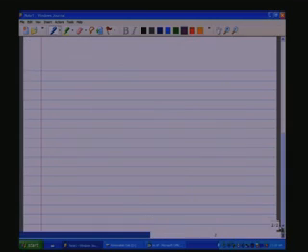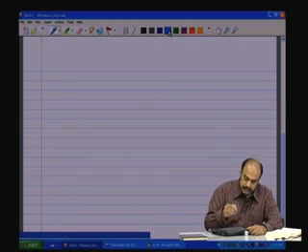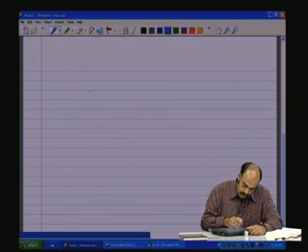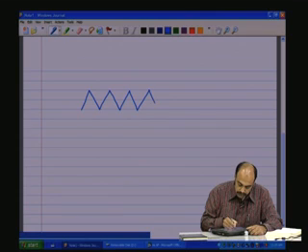So now let us see if we apply a three phase sinusoidal waveform, how does it look? So we generate a three phase sinusoidal waveform by the method that we followed before.